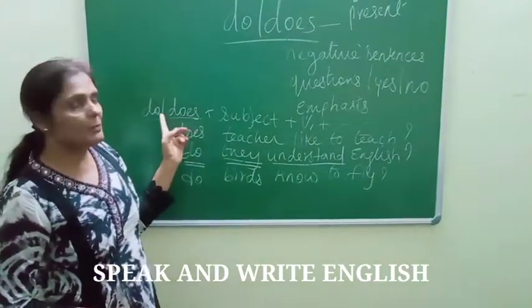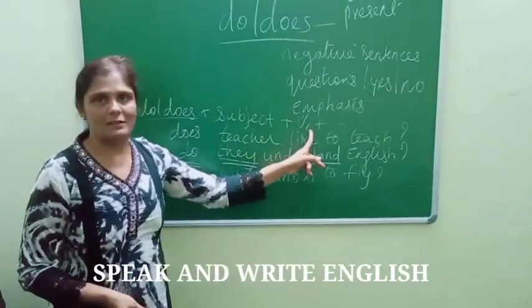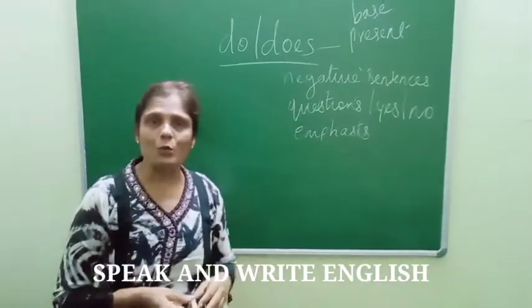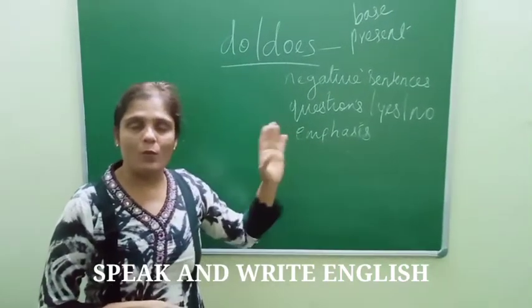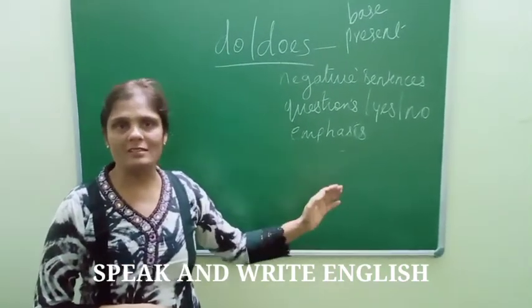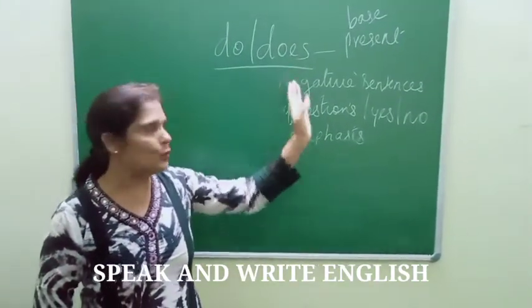And the format will be do/does plus subject plus V1. The auxiliary do and does is also used to emphasize. When you want to put emphasis on a statement, we can make use of the auxiliary do and does.